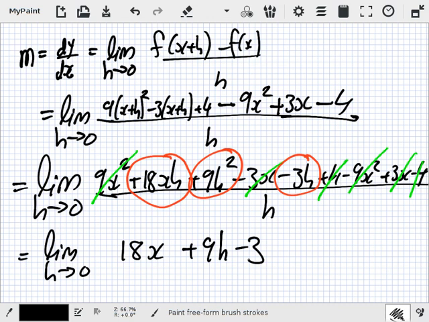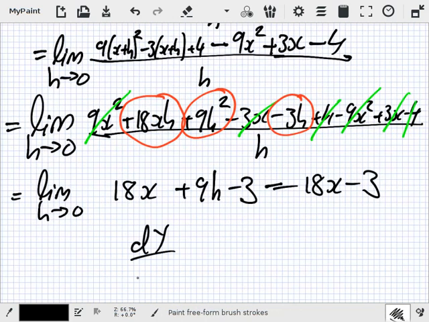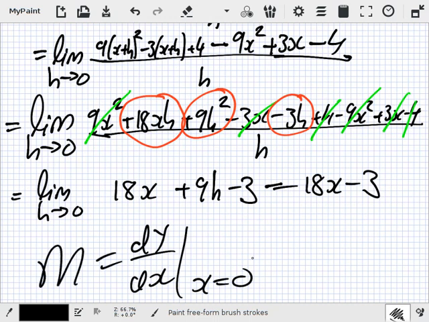I will leave it there because we'll put h to 0 now, then we'll see what we get. 18x minus 3. Now what did I say the x was though? 0. So if I want dy/dx when x is 0, which is the m, that will be minus 3.